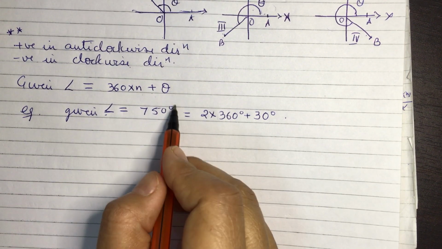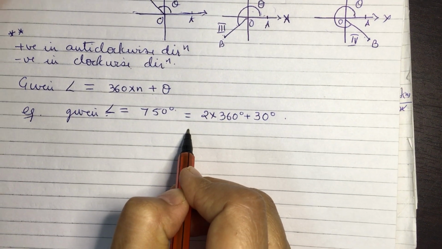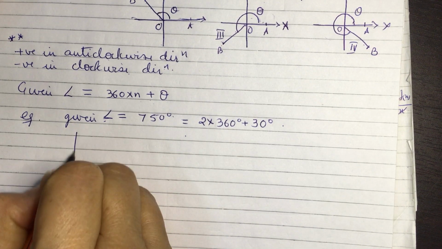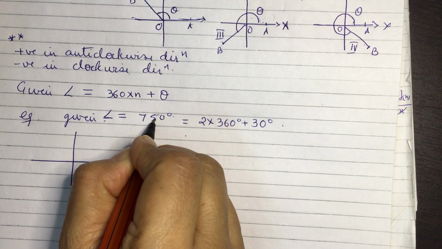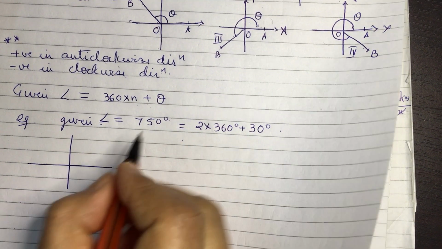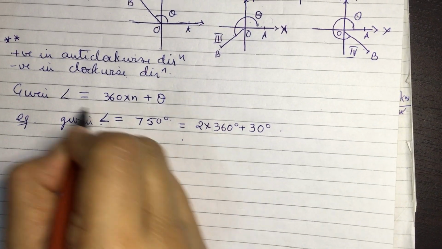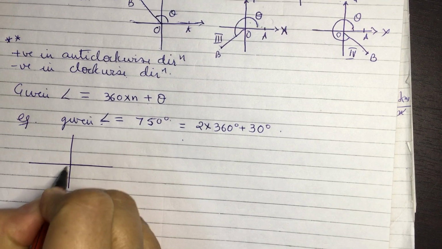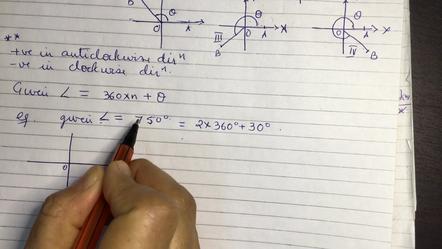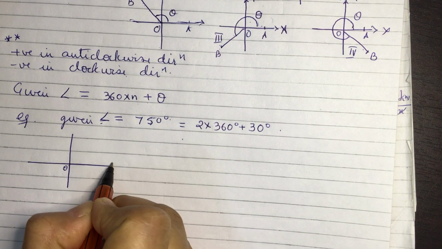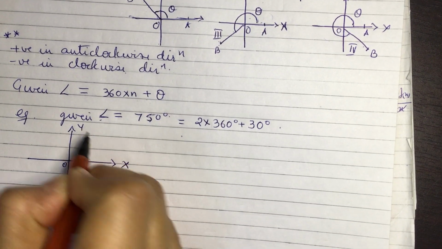In order to find the quadrant to which this angle belongs, we start executing the angle. Now this is positive. Positive means we have to execute this angle in the anti-clockwise direction. So let's first make the xy plane.